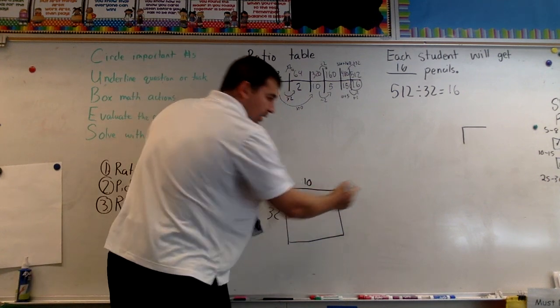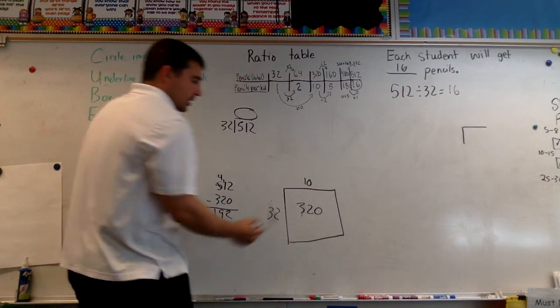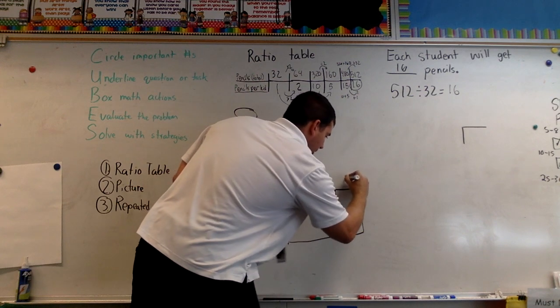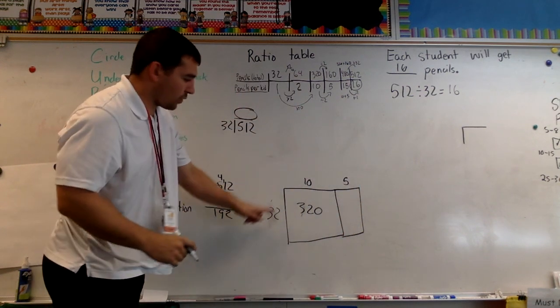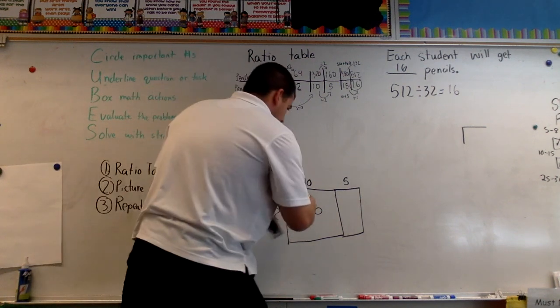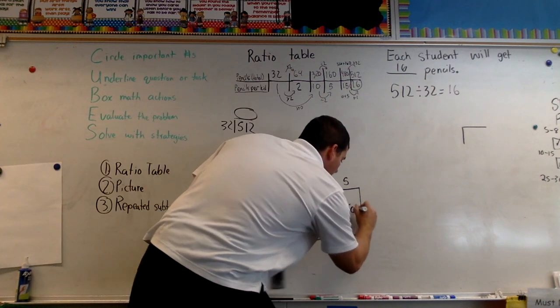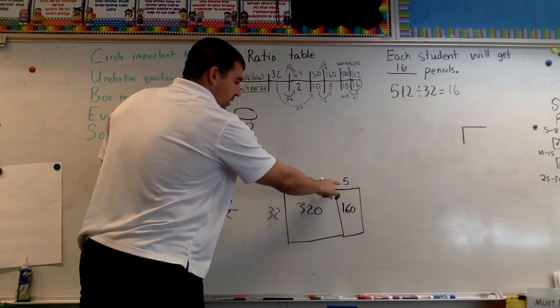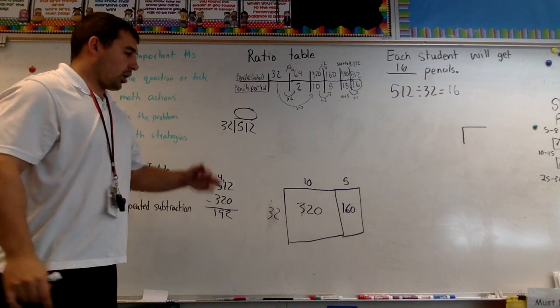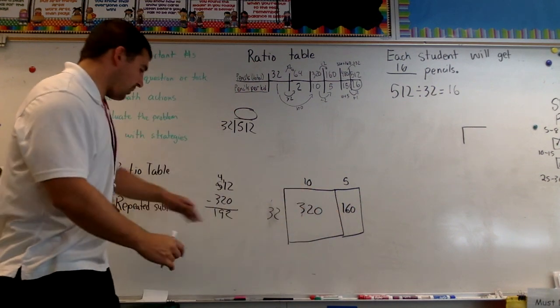I couldn't hand out another 10, but I could hand out 5 more. And if I hand out 5 more groups of 32, this just looks like an area model, okay? That is 160, because 5 is half of 10. 160 is half of 320. Okay, so 160, I'm left with my 192.